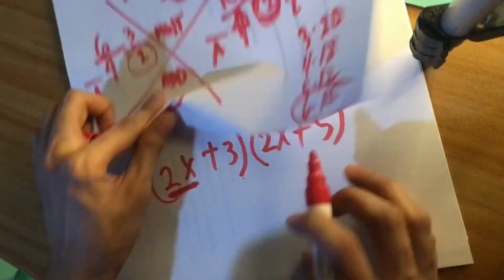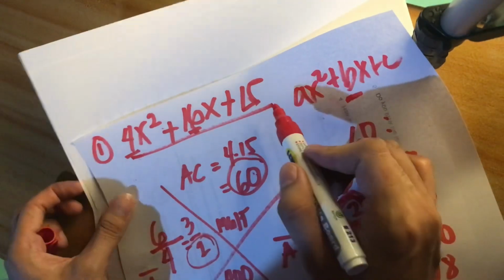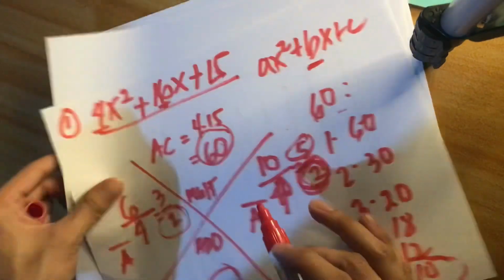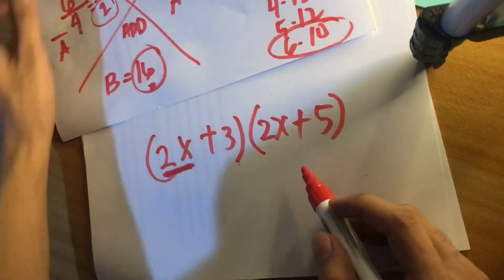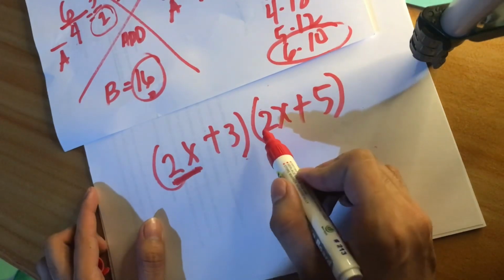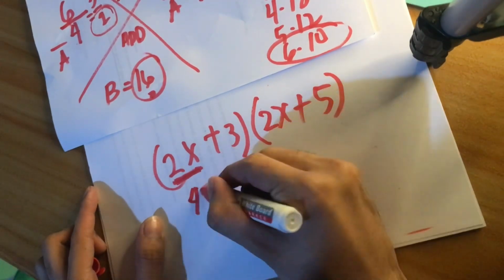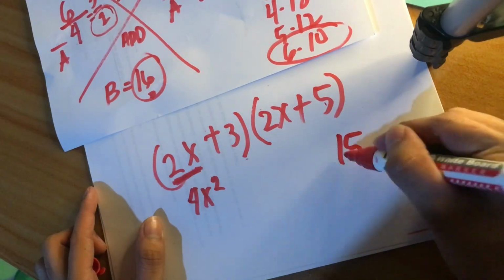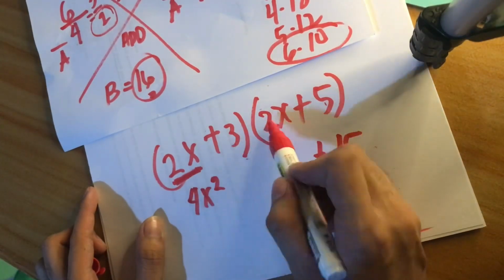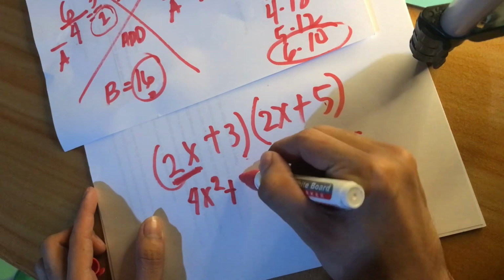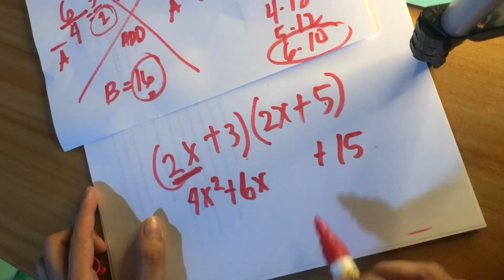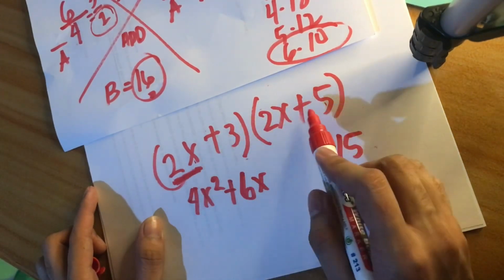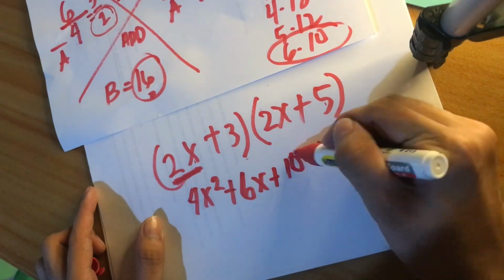Now, i-check natin kung tama ba na 4x squared plus 16x plus 15 kapag minultiply natin yung factored form natin. Okay? So, 2x times 2x, that is 4x squared. 5 times 3, that is 15. 3 times 2x, that is 6x. Okay? 2x times 5, that is 10x.